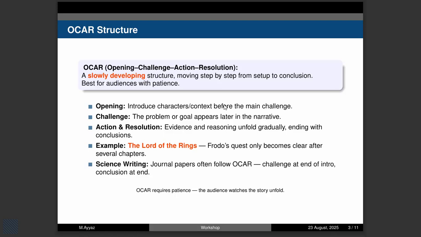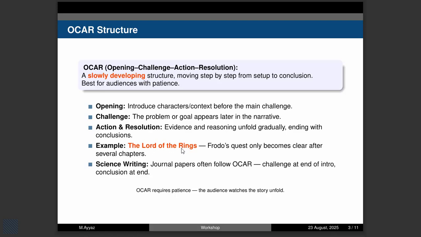And at the end of the opening, we tell about the main challenge, the bigger problem we are addressing in our writing, and the specific goal or the specific problem that we are going to address. And then we describe our action or the methodologies that we are going to use in order to address the challenge or solve some problems.